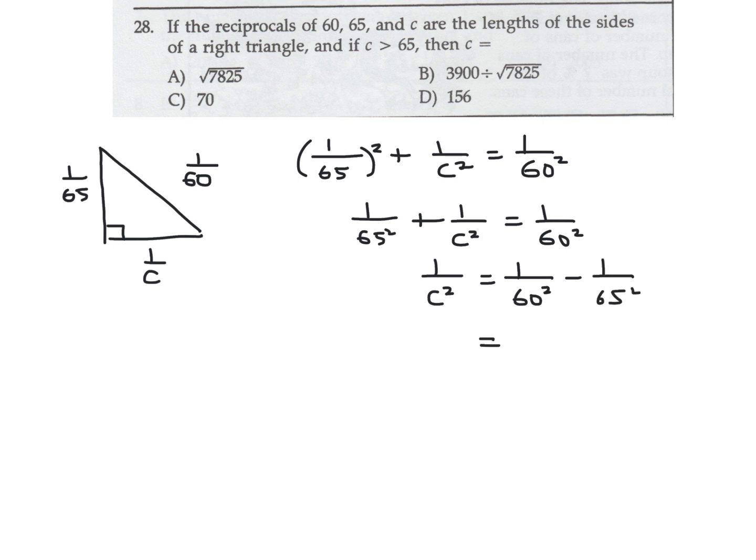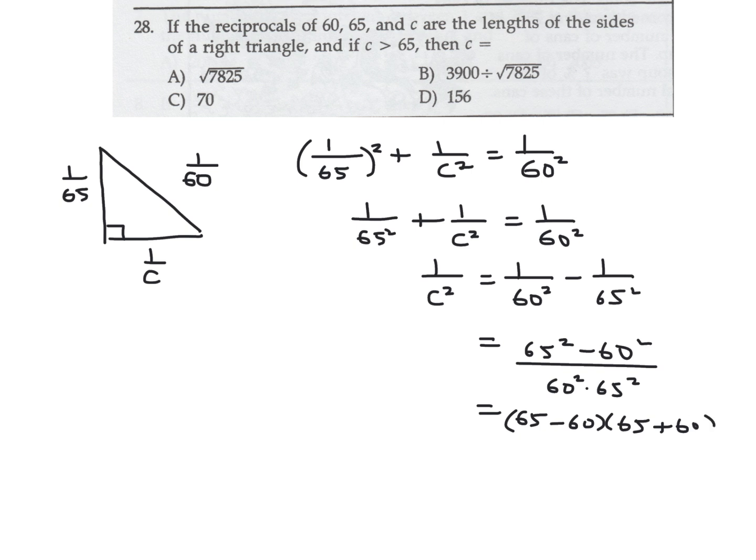Get a common denominator: 65 squared minus 60 squared over 60 squared times 65 squared. And that is, let's see here, 65 minus 60, 65 plus 60, over 60 squared, 65 squared.